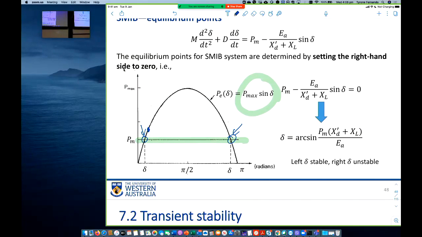So what will happen? Pm minus Pe will be negative, and then what will happen? Delta will reduce, because the second derivative of delta is a negative number. So when delta reduces, it goes back to that stable operating point. Let's see what happens here.